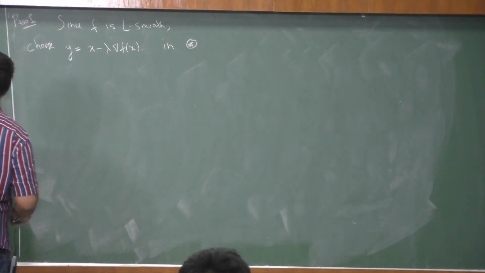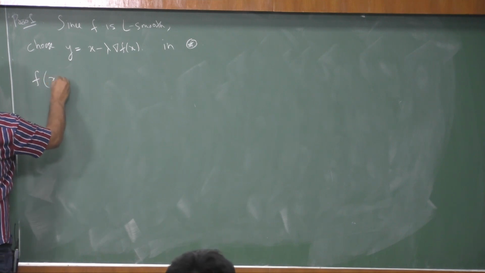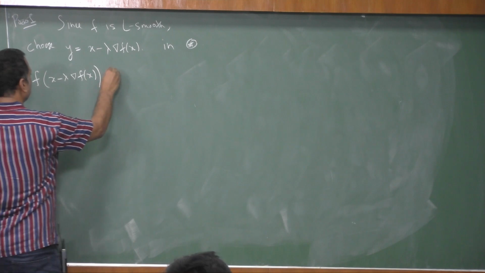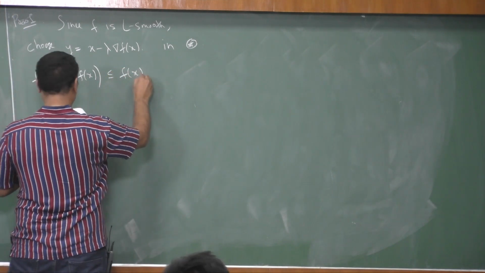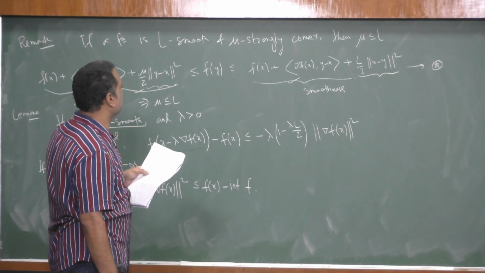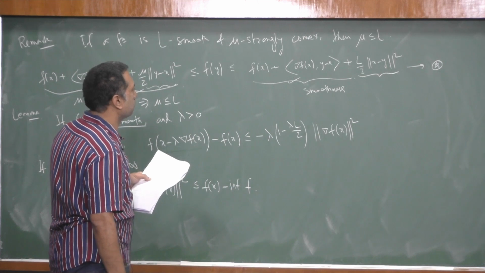Okay, so if we do that, then we have f(y), which is f(x minus lambda grad f(x)), is less than or equal to f(x) minus... yeah, in place of y I have to put x minus lambda grad f(x).